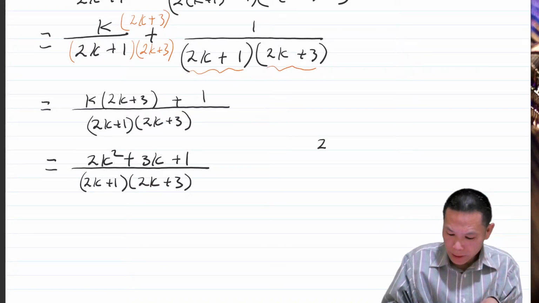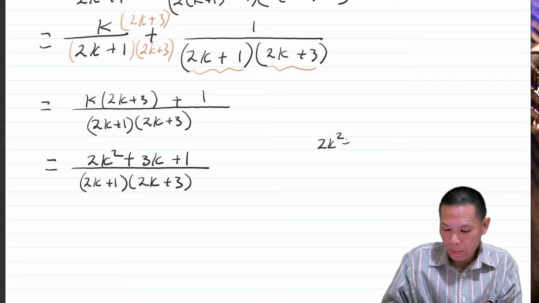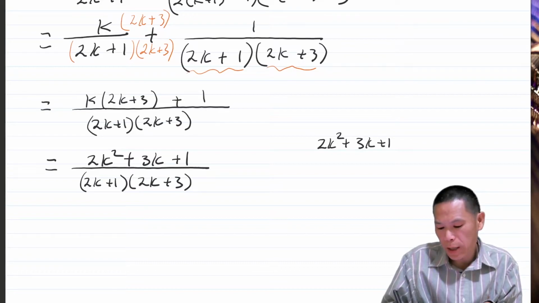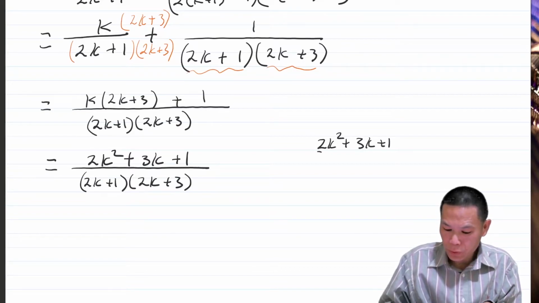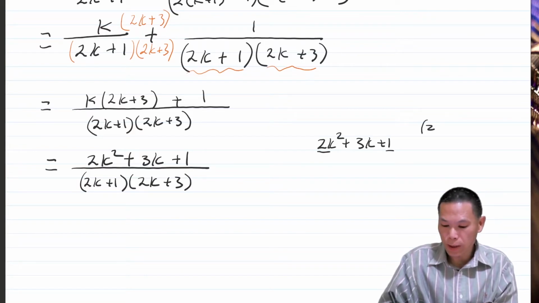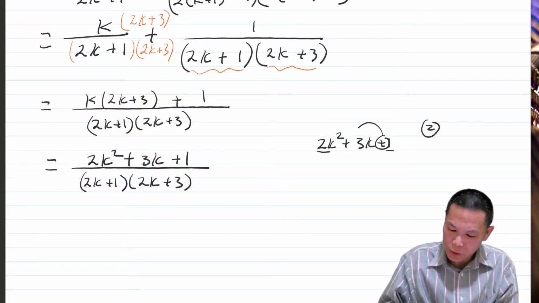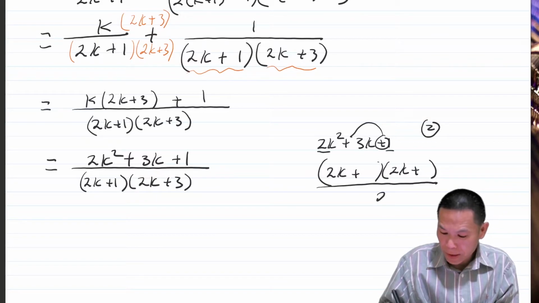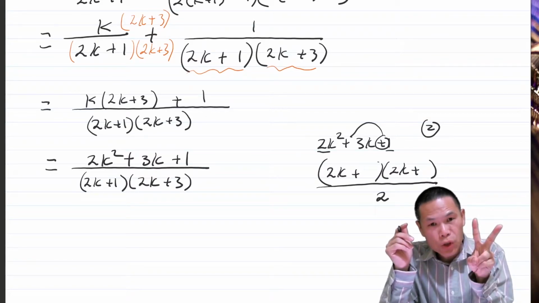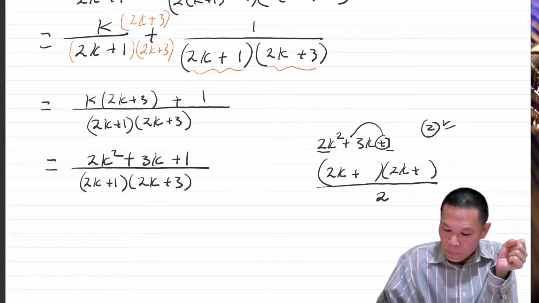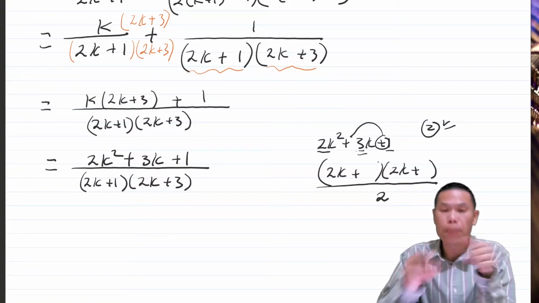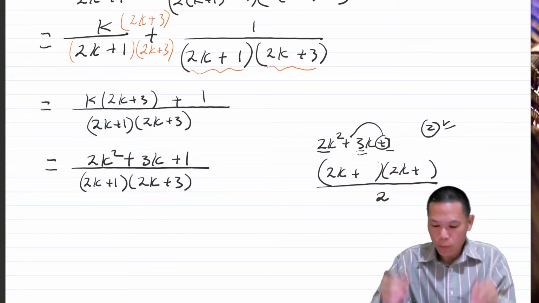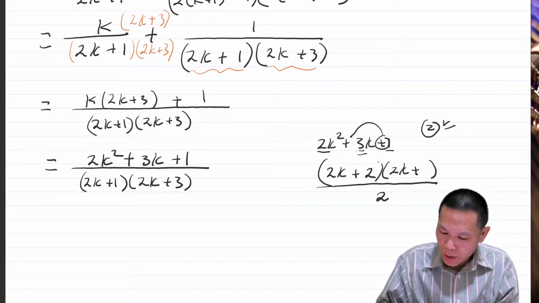So 2k squared plus 3k plus 1. So 2 times 1 is 2. I just write this out because these are positive. We just copy that out. So 2k plus, 2k plus and everything divided by 2. So two numbers times together to give me 2 and then we add to give me 3 here. So that is 2 and 1. So I just put 2 and 1 here.